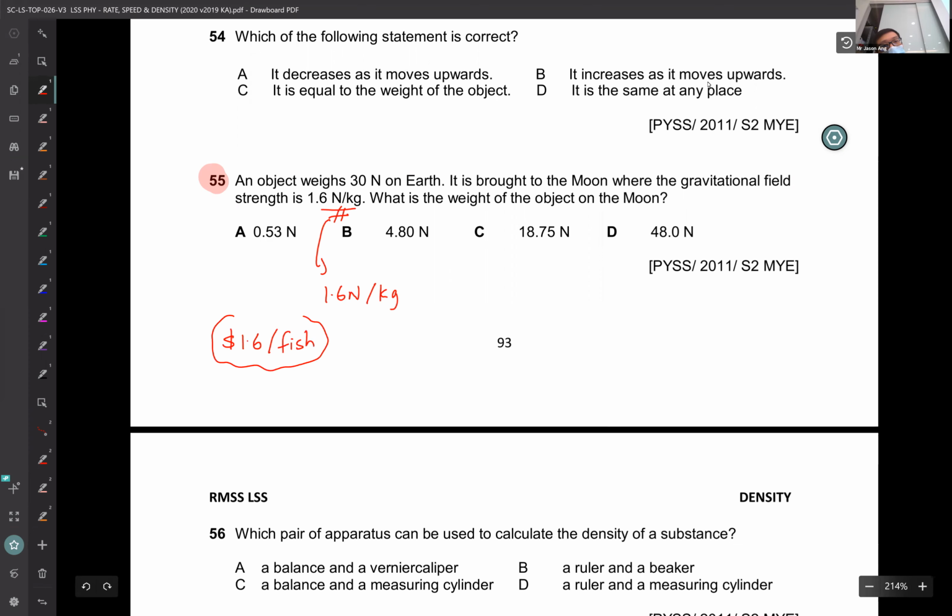I'm sure you know what this means. Every fish costs $1.60. So what does this mean in other words? This means that every 1 kg is going to be 1.6 Newton. This is what it means. Understand? What if you have an object that is 30 Newton?